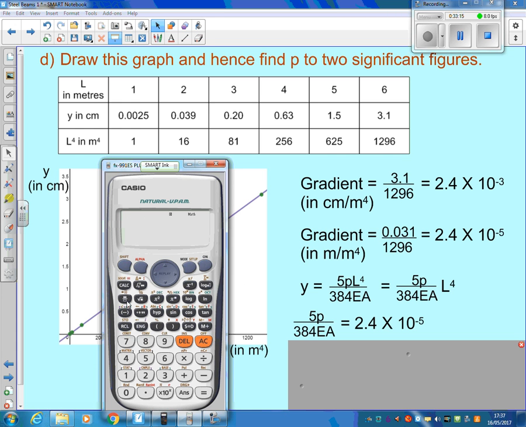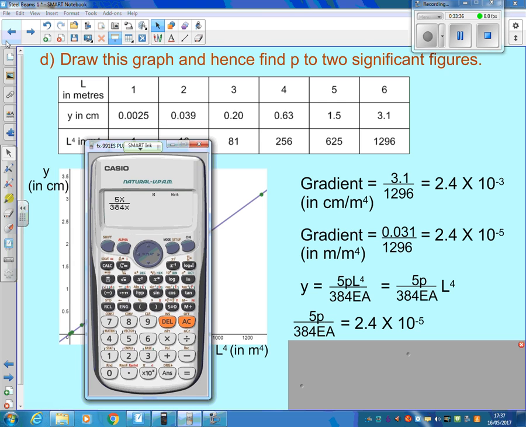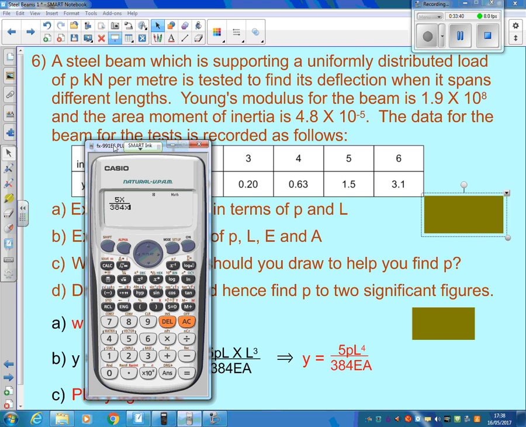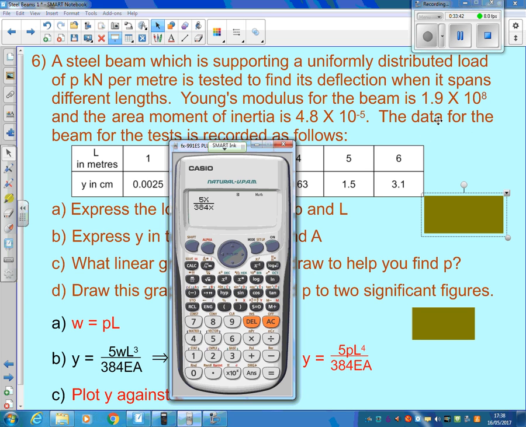I type in here, okay, 5, I'm having to use X instead of P, over 384 multiplied by, what was E equal to? I might have to go back onto the other page. E was, pull the thing up. Okay, there it is: 1.9 times 10 to the 8.